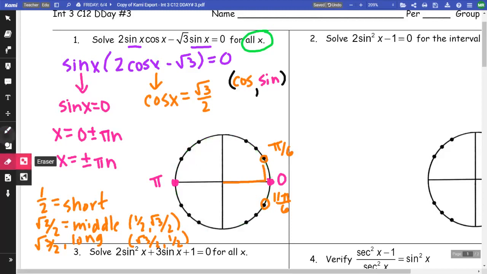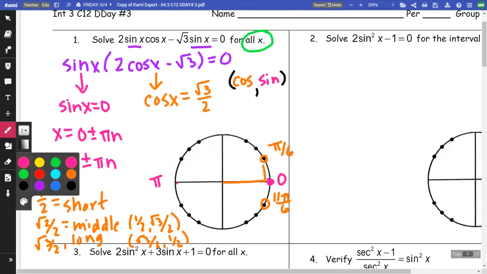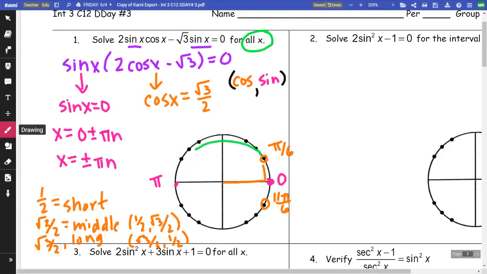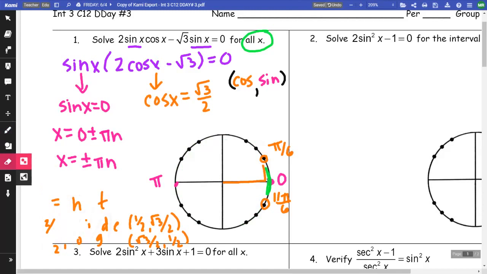But if I'm going from pi over 6 all the way around to here, hopefully you can see that that's not the same as the distance from here to here. So I can't just add something onto pi over 6 and get my 11 pi over 6. So I'm going to have 2 answers here. Okay, and let me clean up this down here so I can write my answer.